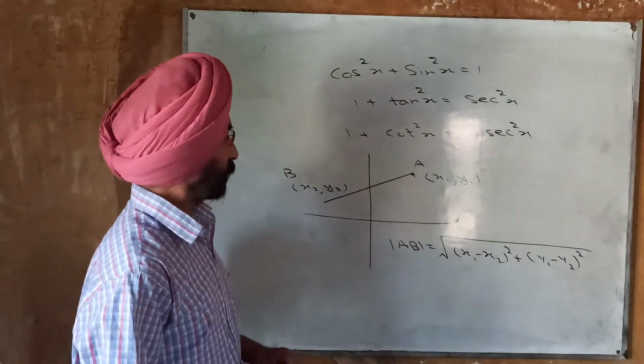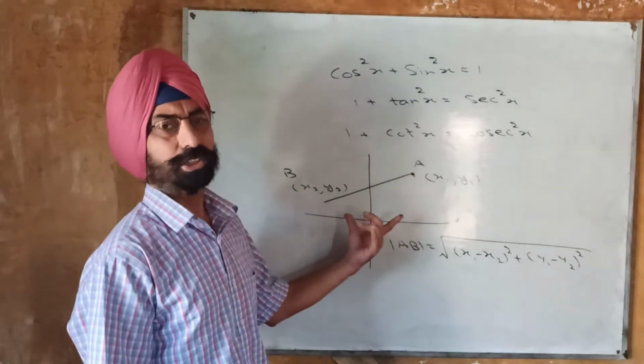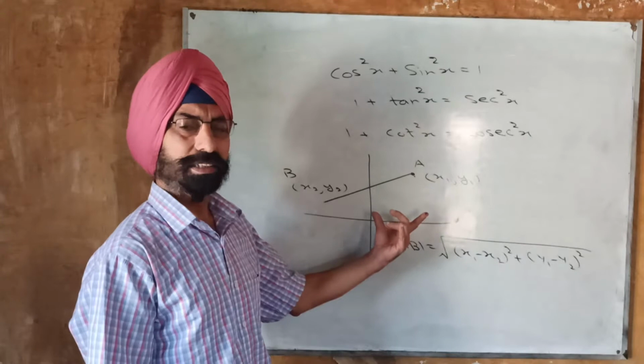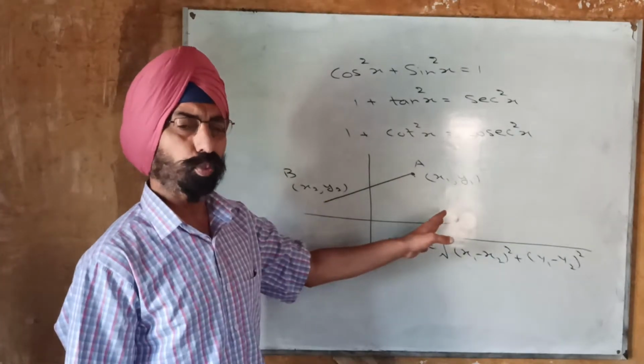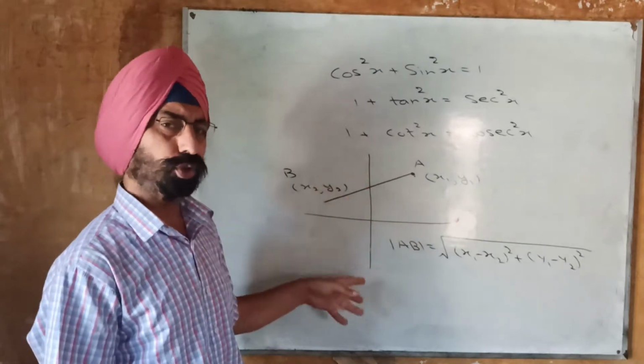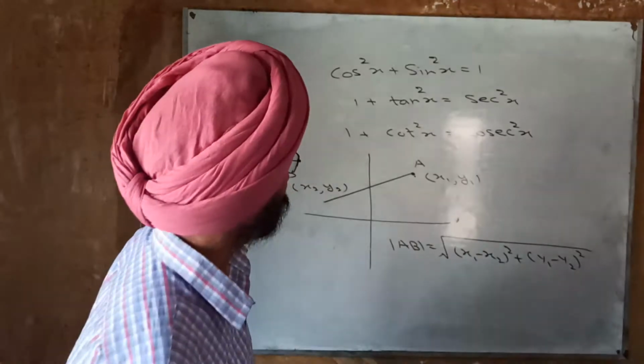That means the square of the difference of the first coordinates and the square of the difference of the second coordinates, their sum, and then the square root is the distance between the 2 points, which we will use today in making trigonometric identities.